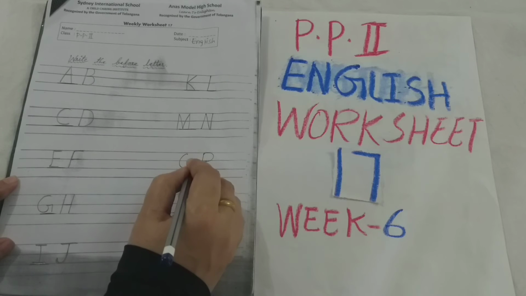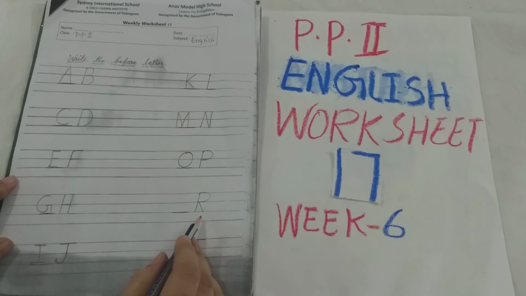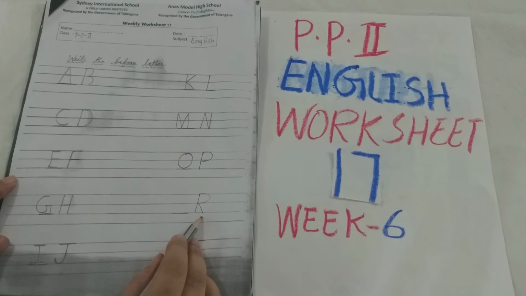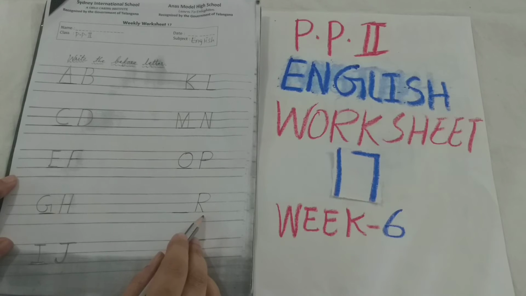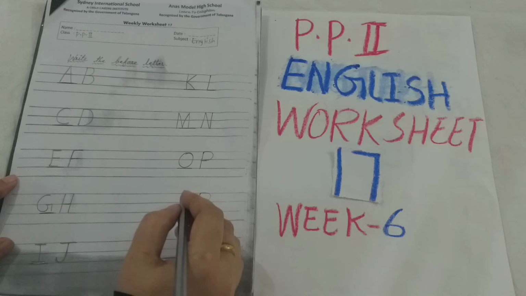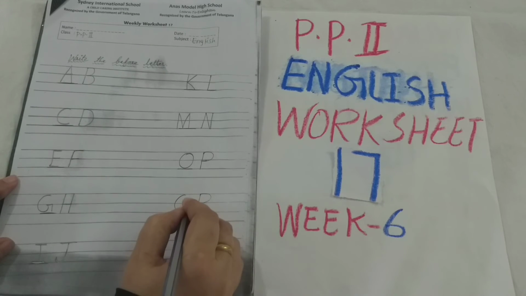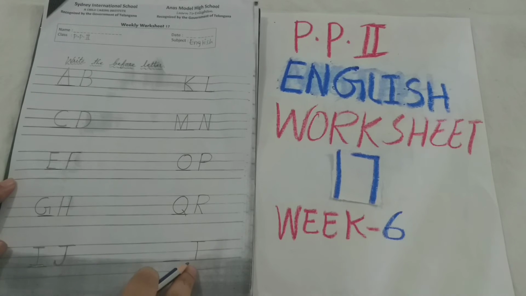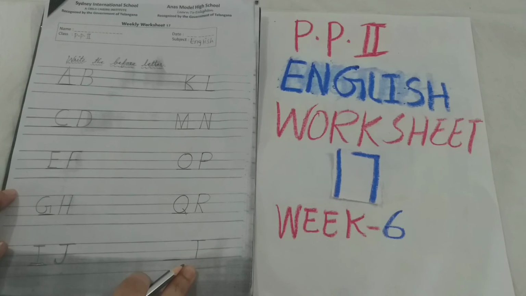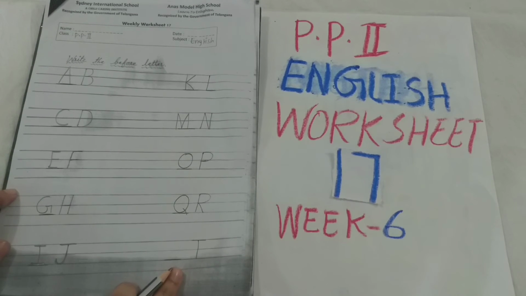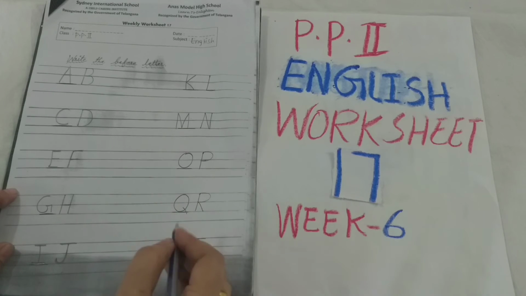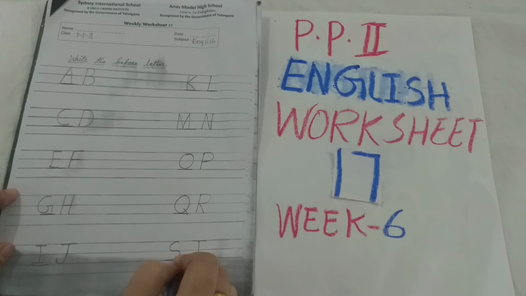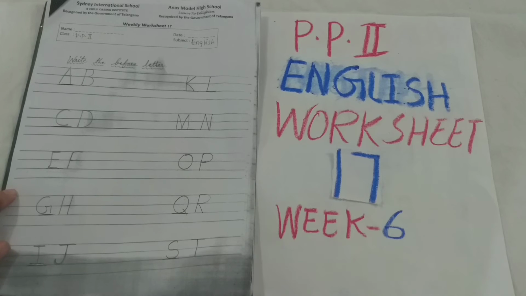O. R is here. So before R, which letter is going to be written in the dash? Q. Capital Q. Now here T is here. Before T, which letter is going to be written? Capital S. Write in the dash.